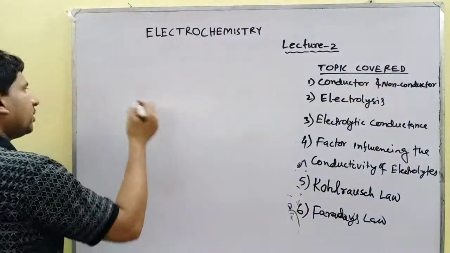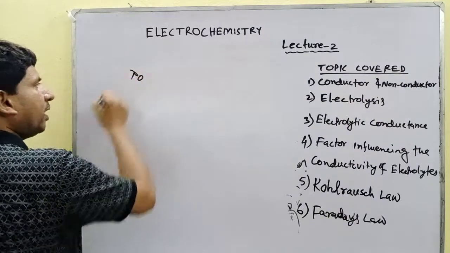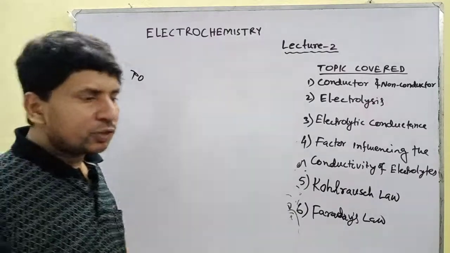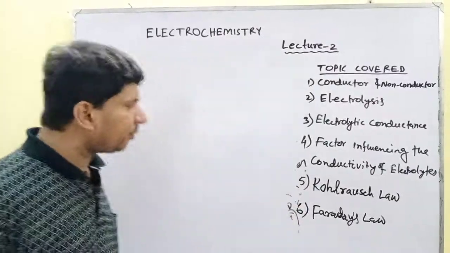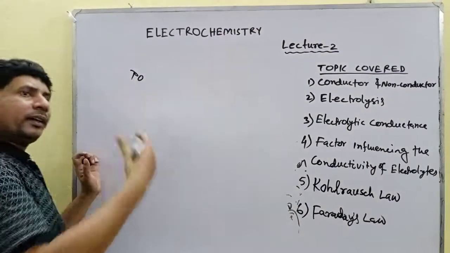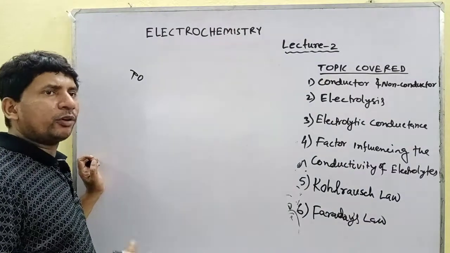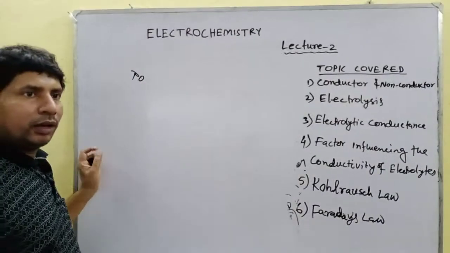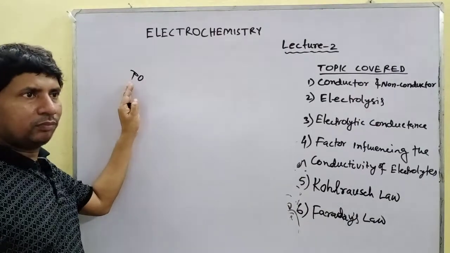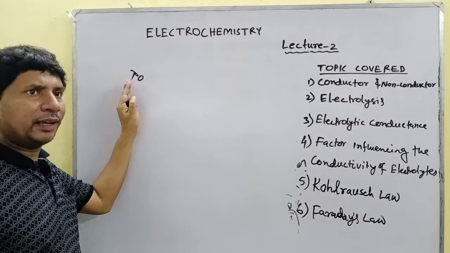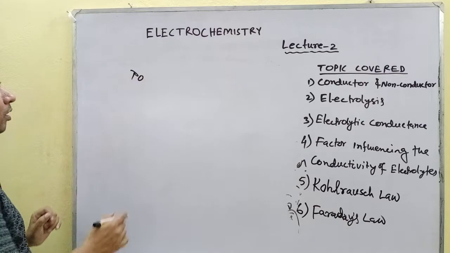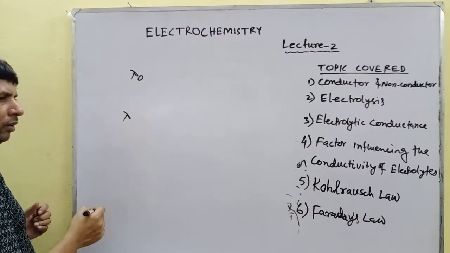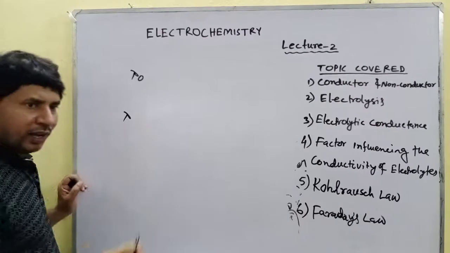If it is 100% dissociated, then the lambda is known as lambda 0. If the electrolyte is 100% dissociated, then the conductance of the weak electrolyte or strong electrolyte will be at infinite dilution. The conductance at infinite dilution is known as lambda 0. At any condition, it is known as lambda.